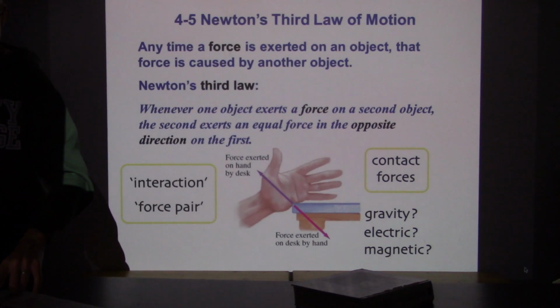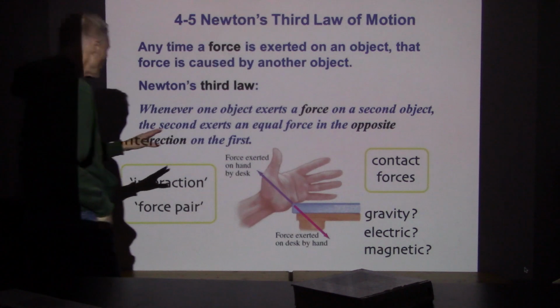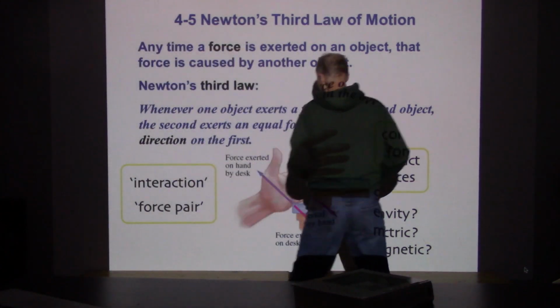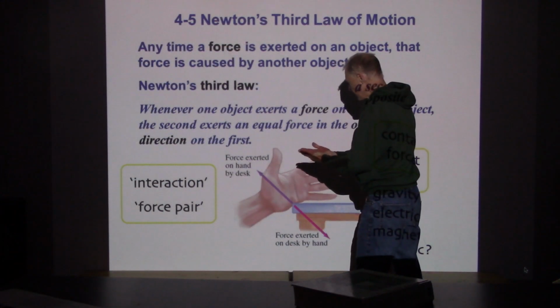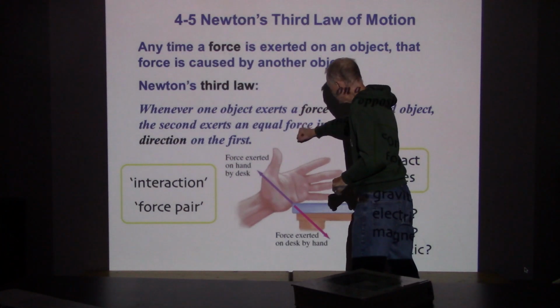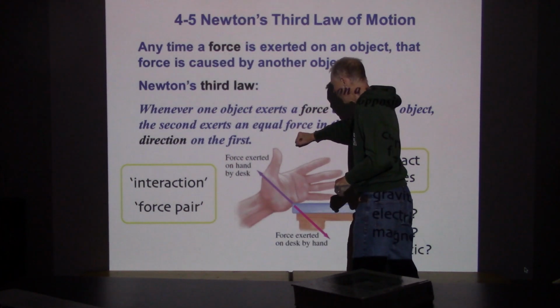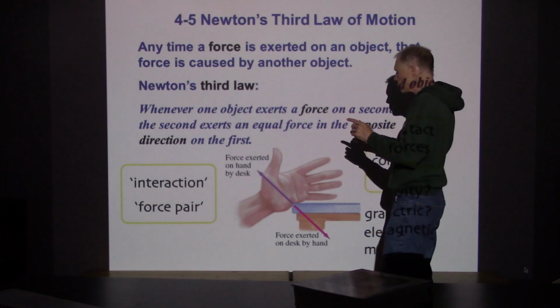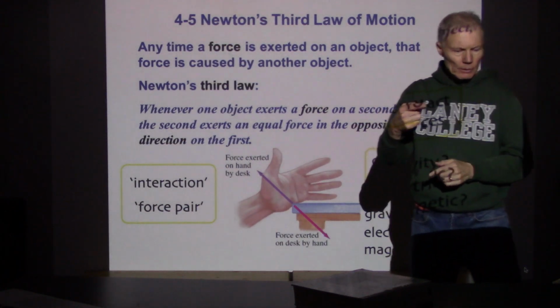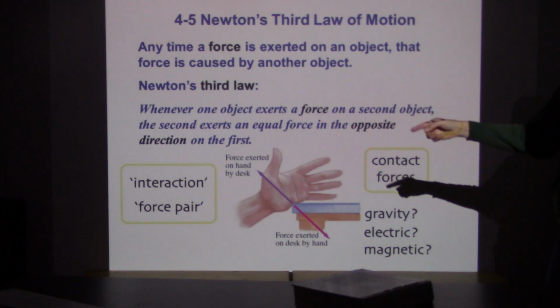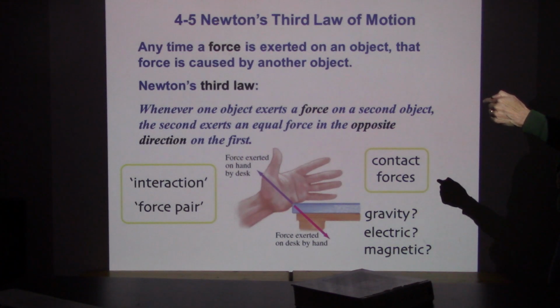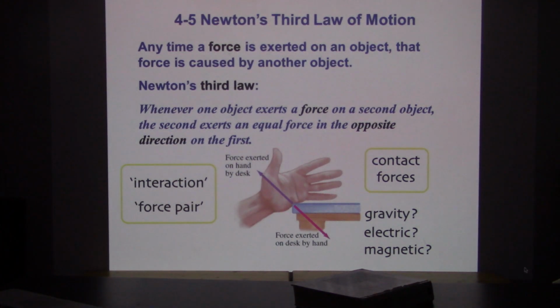Now the third law says that when we have contact forces, when we have something coming into contact with something else, here I am contacting the wall, the force acting on my hand due to the wall, and the force acting on the wall due to my hand, those are going to be the same magnitude. It's going to be the same amount of force.